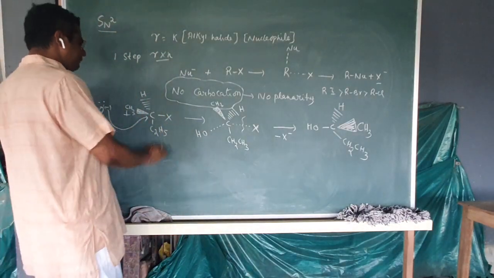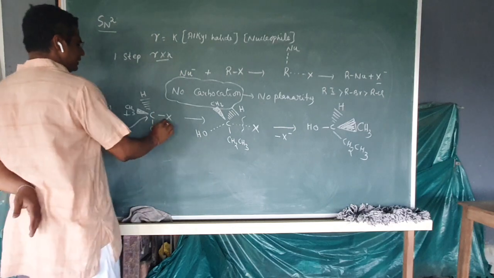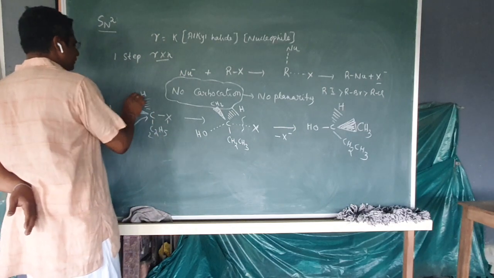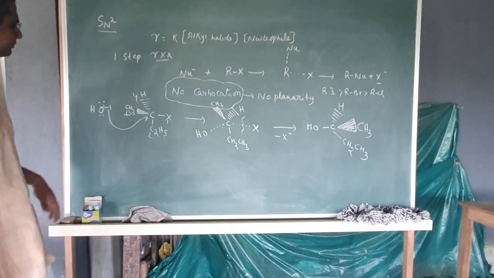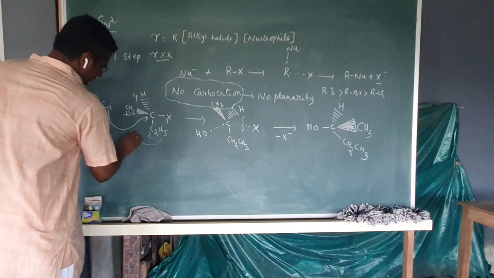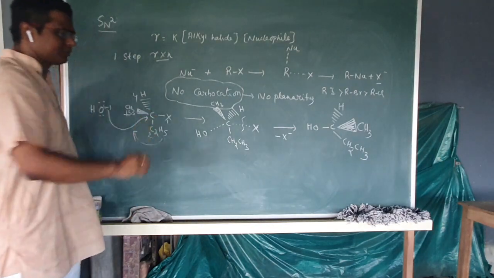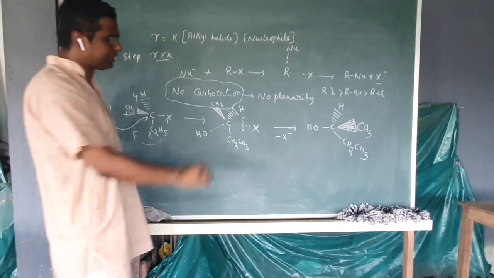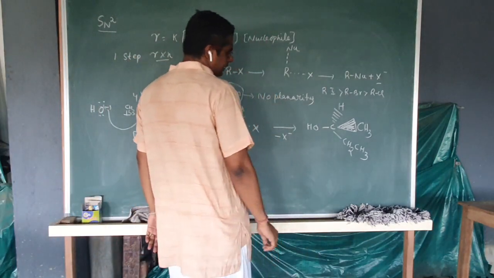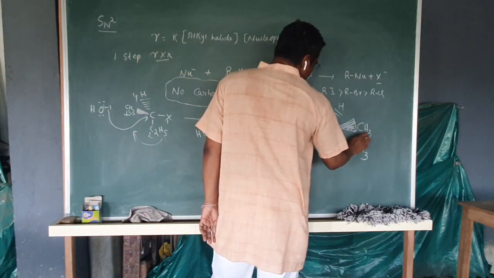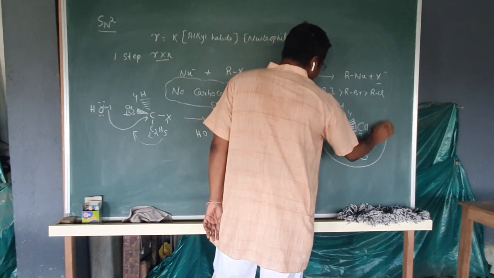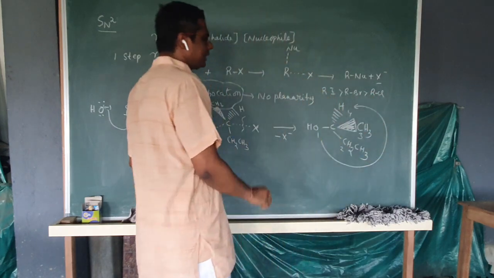So, if this is bromine, say, so obviously it was 1, 2, 3, 4 according to atomic number. So it was clockwise. So it was an R configuration. If you see this right now, then it is 1, 2, 3, 4. It is anti-clockwise, it is an S configuration.